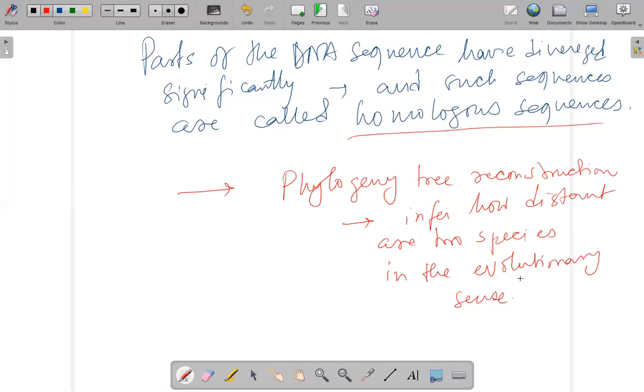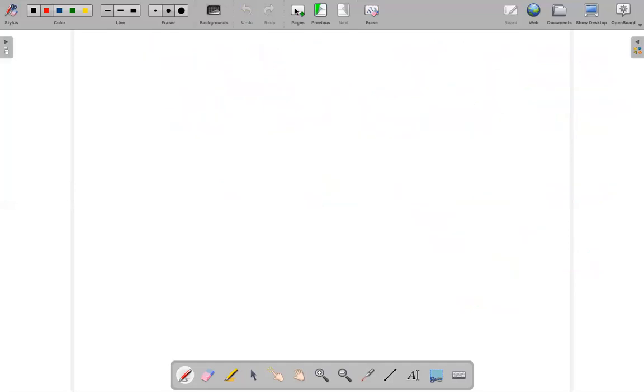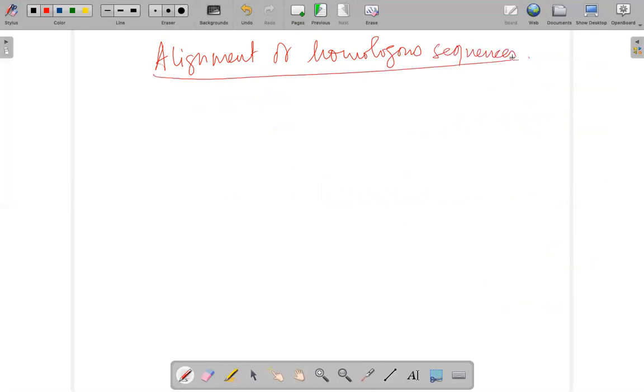So one of the first things in order to compare homologous sequences is to align the homologous sequences. Okay. Suppose we have two homologous sequences of the following form.